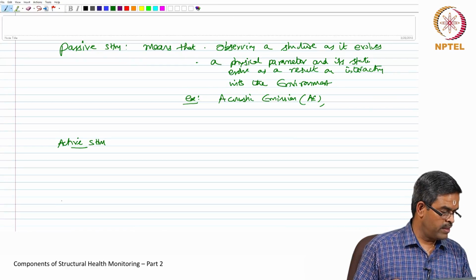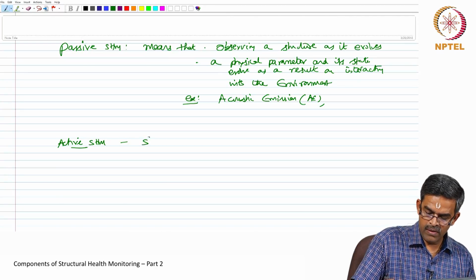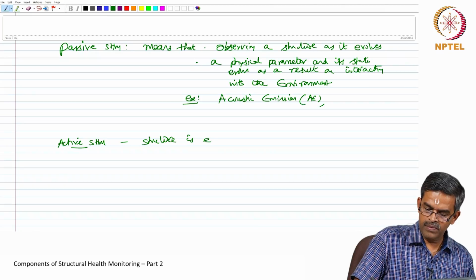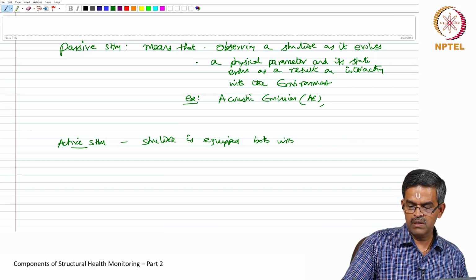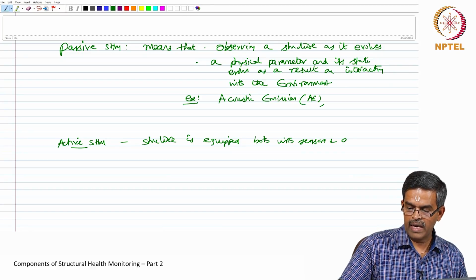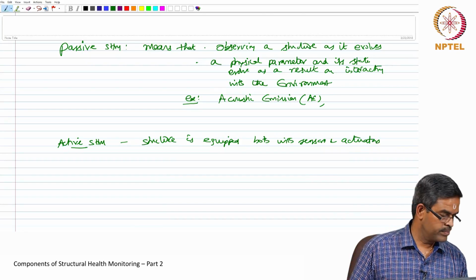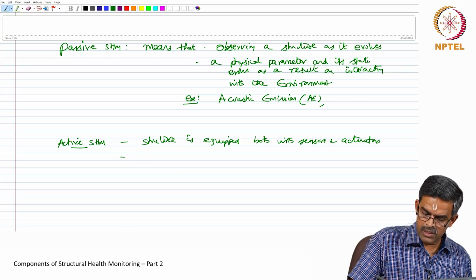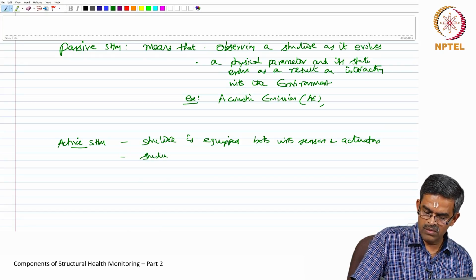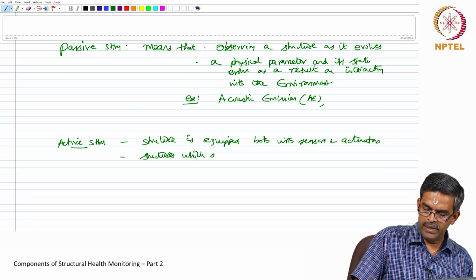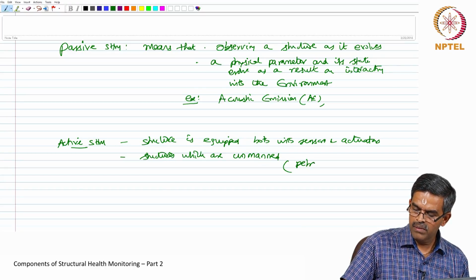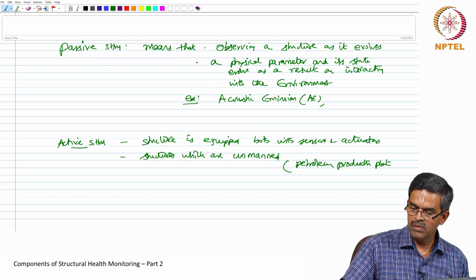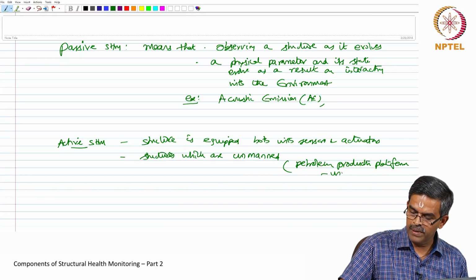active SHM deals with a system where the structure is equipped both with sensors and actuators. This is very highly suitable for structures which are unmanned. There are many petroleum production platforms in offshore Gulf which are unmanned.